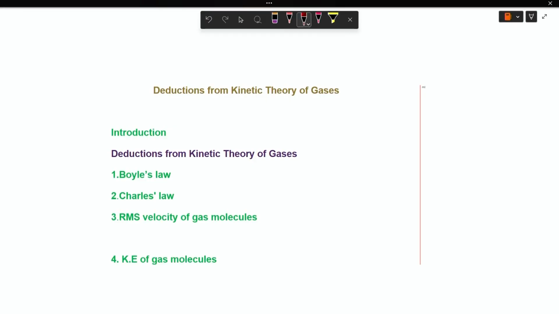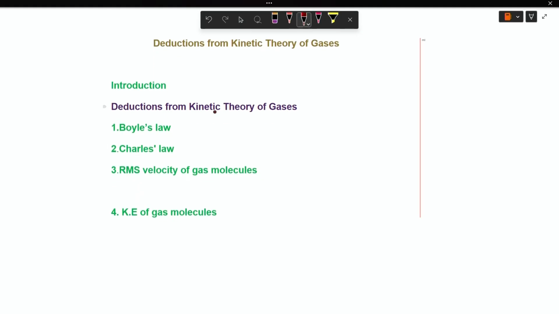These are the deductions from the kinetic theory of gases: Boyle's law, Charles' law, RMS (root mean square) velocity, and kinetic energy of gas molecules. We will derive them from the kinetic gas equation.